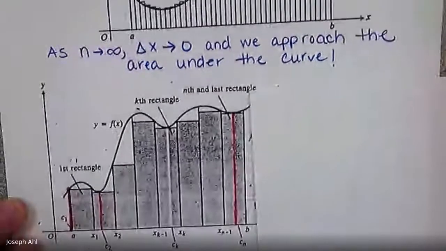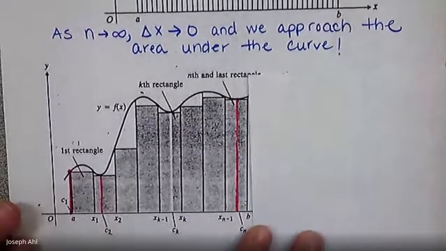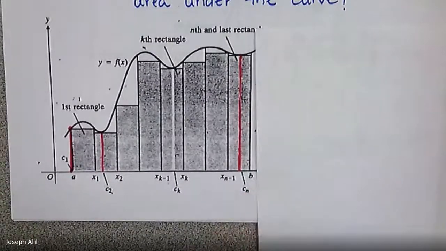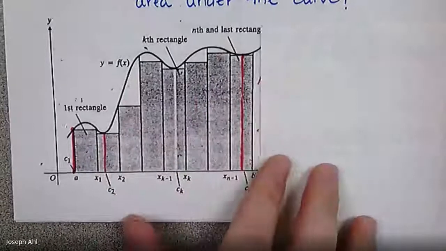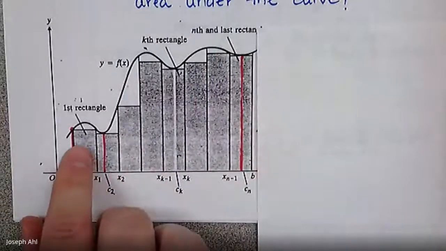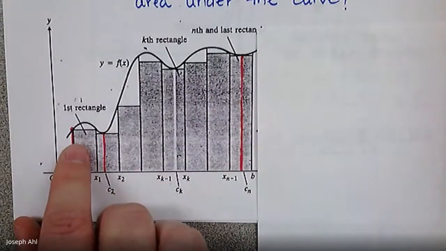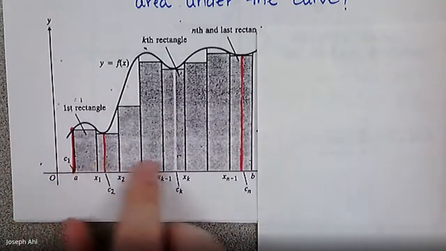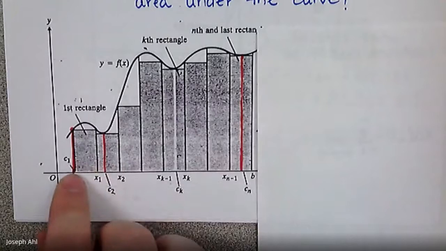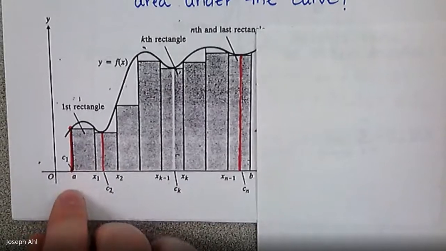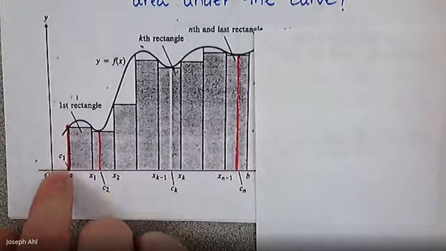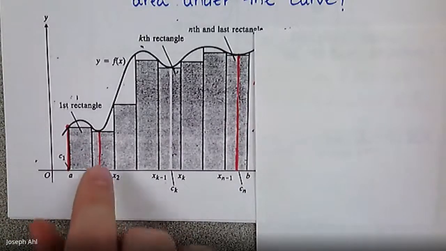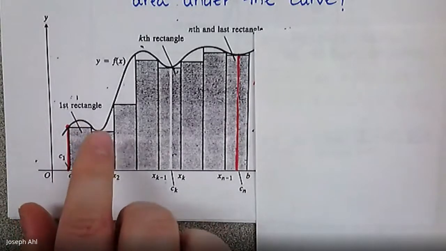And what's going to start happening now is rather than just having inscribed or circumscribed rectangles, these are all looking inscribed. But based on the curve, you can see that these are not necessarily LRAM, they're not necessarily RRAM, but notice how the heights over these subintervals are all at different locations. So the height of the first rectangle over here is at C sub 1, but the next height, C sub 2, is going to be right here for this rectangle.